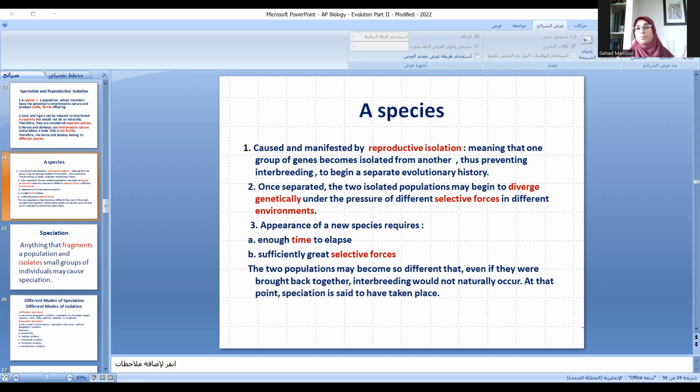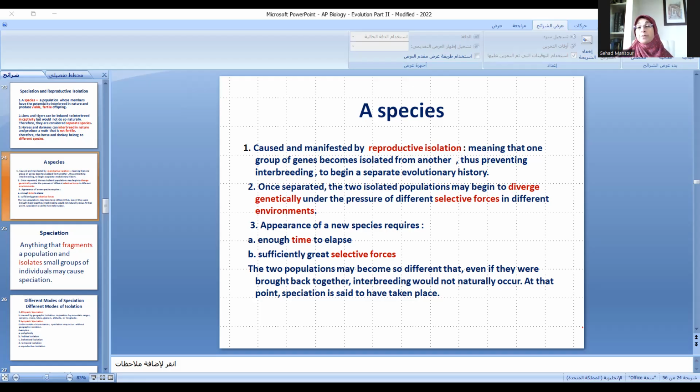So a polyploid plant can interbreed with a polyploid plant, but a polyploid plant cannot interbreed with a non-polyploid plant. So at the end of the day, there would be separation between the 2 populations because they cannot breed. But here, they cannot breed not because there is a geographic barrier between them, but because there is a functional barrier between them, one being polyploid and the other being euploid, having the normal number of chromosomes.